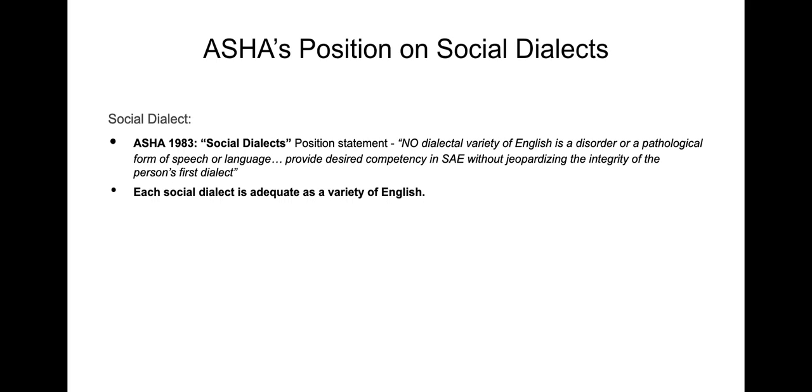So ASHA's position on social dialects is that no dialectal variety of English is a disorder or pathological form of speech or language, and that they provide desired competency in standard American English without jeopardizing the integrity of the first dialect. They're basically saying that every social dialect, meaning the dialects relating to social groups, not necessarily regional groups or age groups or any other group, is an adequate variety of English.